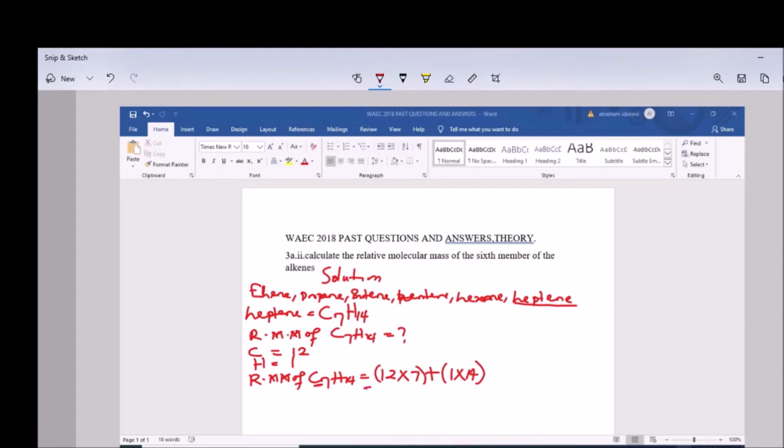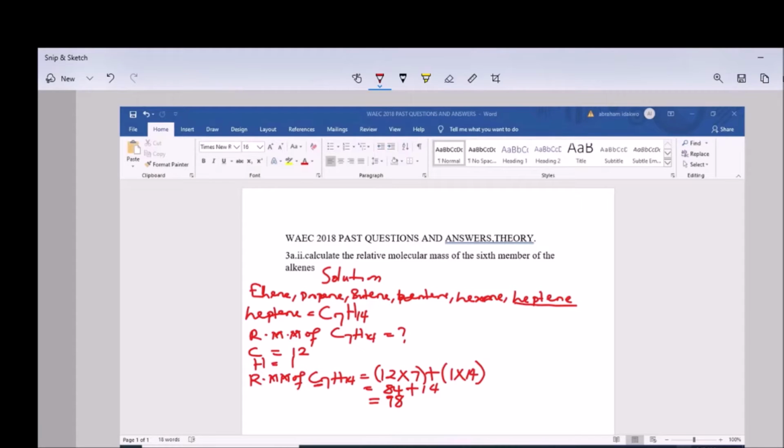So we have 12 times 7 equals 84, plus 1 times 14, which is 14. When you add the two together, the summation is 98.